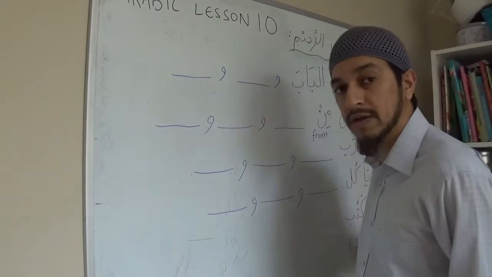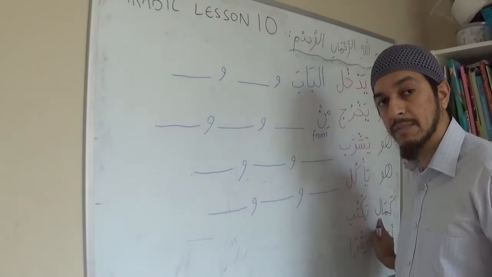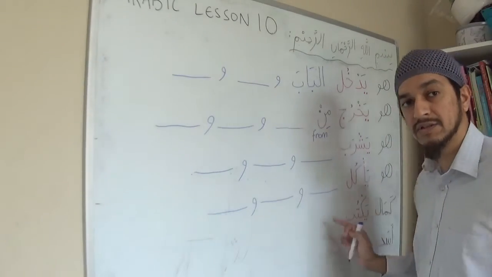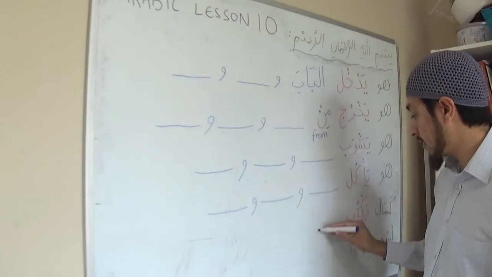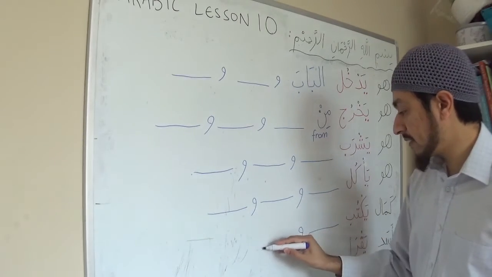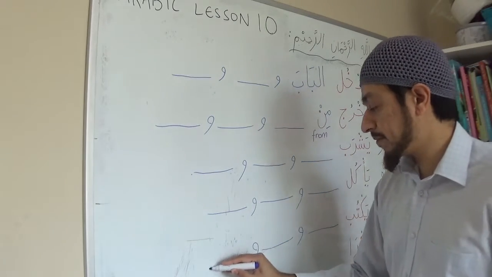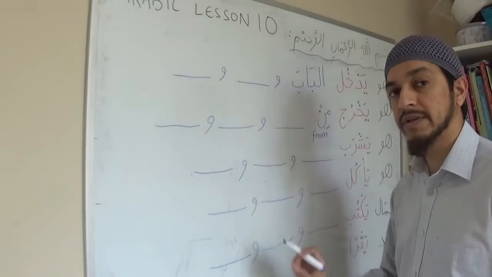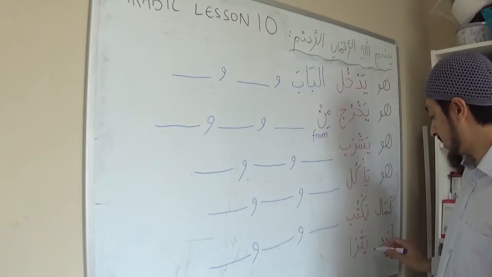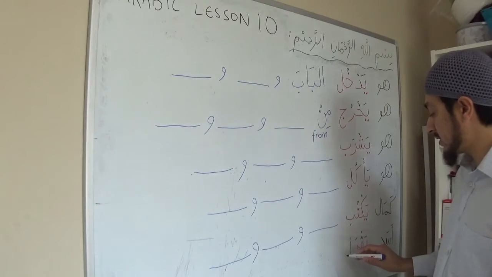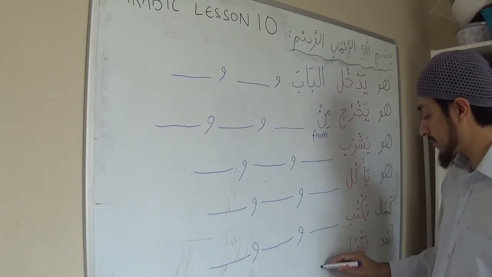And instead of saying huwa yaktub, he is writing, we're going to say Kamal yaktub. Kamal is writing. And what is he writing? And then similarly, just write those things that you think are most appropriate to put in there from the vocab we've learned. Asad yaqra. Huwa yaqra. Asad is reading.